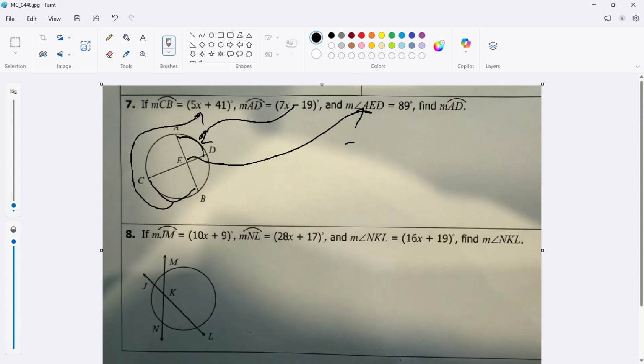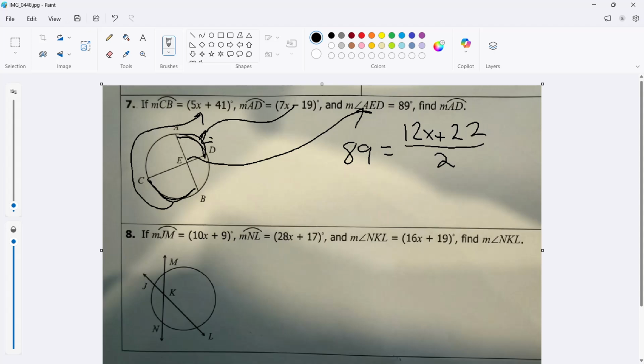I know that 89 degrees equals 1/2 of arc AD plus arc CB. So I'm just going to add 5x plus 41 plus 7x minus 19. So 5x plus 7x is 12x, and 41 minus 19 would be 22.